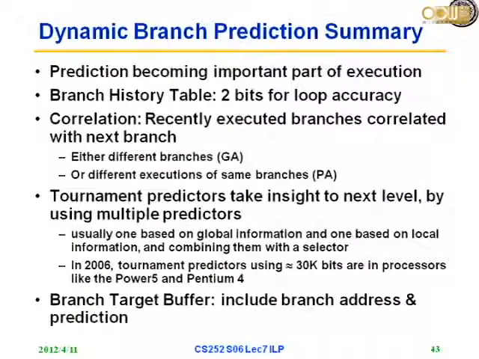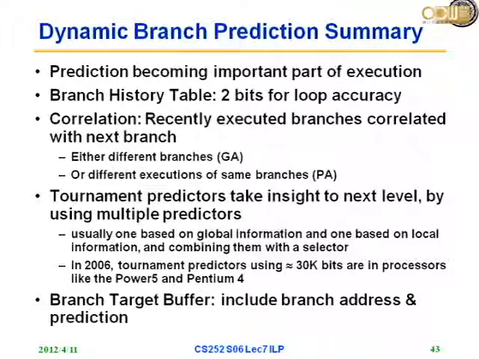Next, summary. Prediction is becoming an important part of execution. Why? Because in pipelining, control hazard is a very big issue. Branch history table, you already know what this is. And correlation: depending on the path along which I get to here, my branch behavior may be different. So I need to have different predictors for even the same branch.